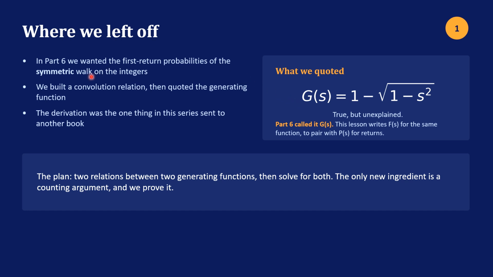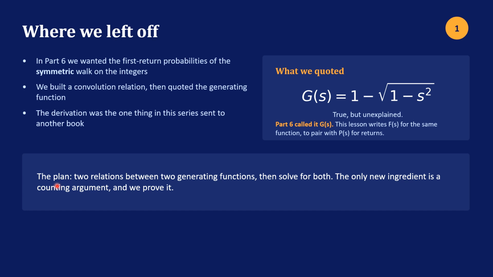At the time I mentioned that finding this was rather difficult. Initially I said I would refer you to my book, which in turn pointed to another book that had the explanation or derivation of this. Then I changed my mind and decided to actually show how this is derived. So that's what we're going to do in this lesson.